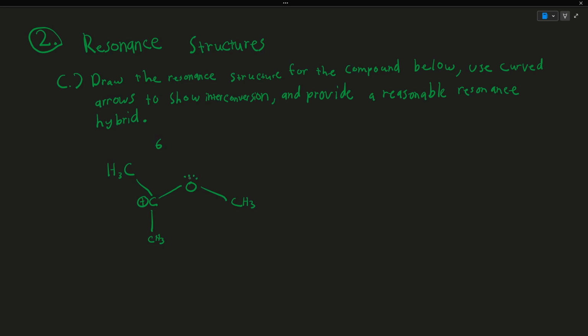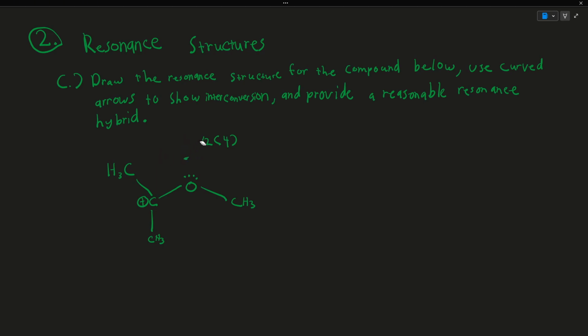Oxygen has 6 valence electrons, minus the number of non-bonding electrons, which is 4, minus 1/2 the bonding electrons, 2, which is 1. So 6 minus 4 minus 1 equals 0. So when it's neutral, it's going to have 4 non-bonding electrons. That's just something to keep in mind, and you can always use the formal charge formula to calculate it yourself.